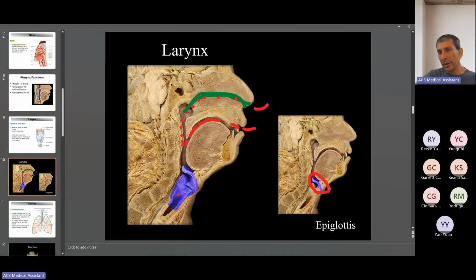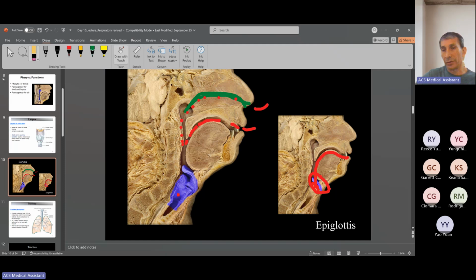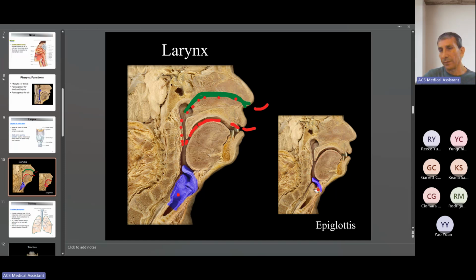Without this structure, it either covers the entire larynx and we are not going to be able to pass air to the lungs, or it is going to be open and food is going to start entering the respiratory system. That would kill us, because food should not go into the respiratory system. So not good. So very important, all the structures. We are putting all the structures together so you can understand what we are talking about as we move through these chapters.